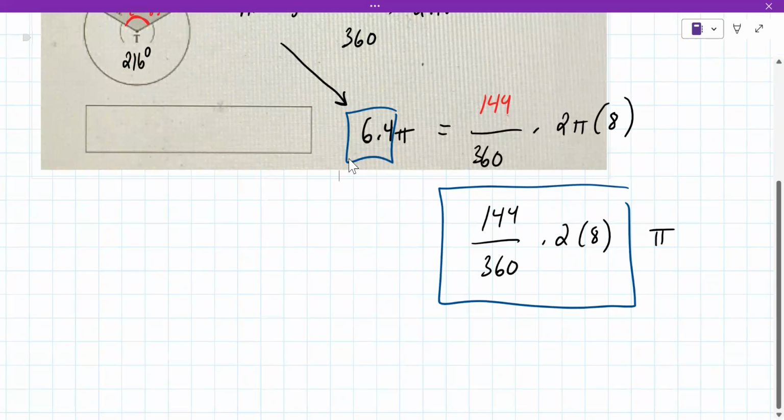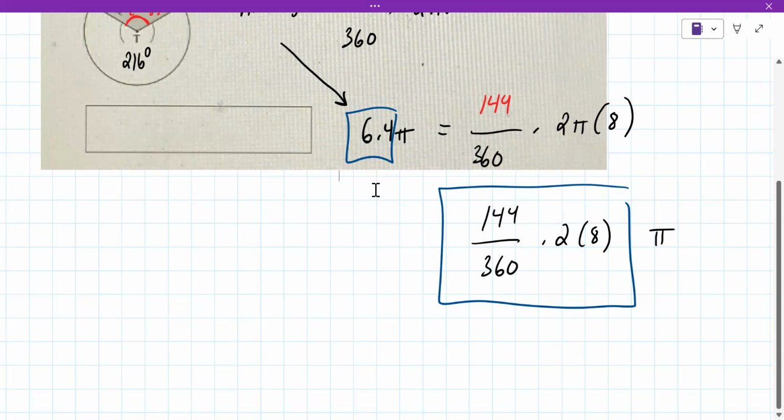So would we then solve 144 over 360 times 2 times 8? Yeah, divide and then times 2 times 8. So would it be 14? All of this, 144 divided by 360 times 2 times 8, should give you 6.4.